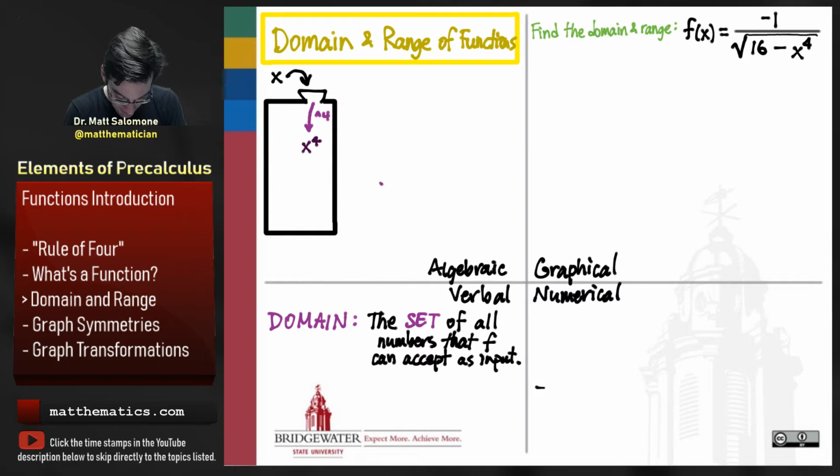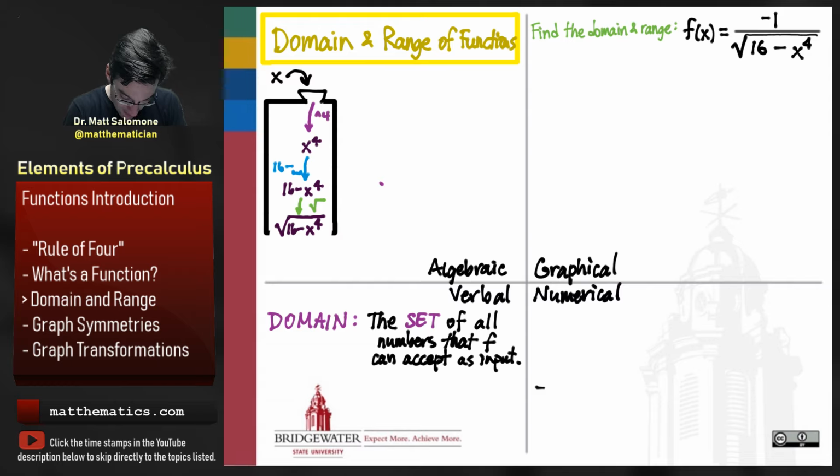At the next step, we subtract that quantity from 16. So 16 minus blank, and that turns it into 16 minus x to the fourth. I might need a longer machine over here, because the next thing that happens is that we take the square root. This little step is the square rooting step. And then we become the square root of 16 minus x to the fourth.